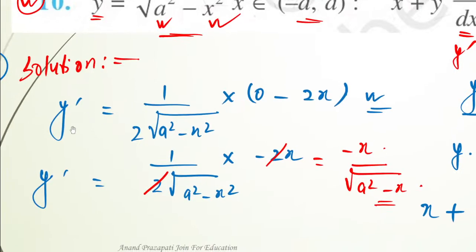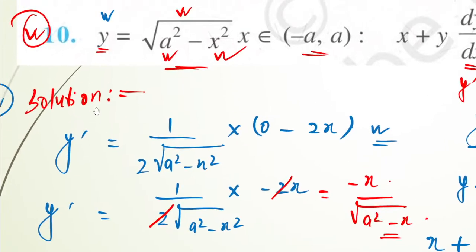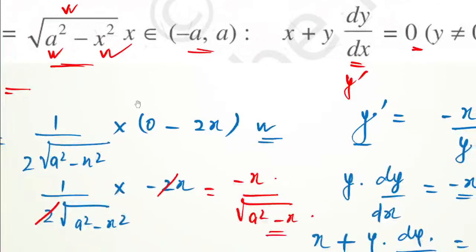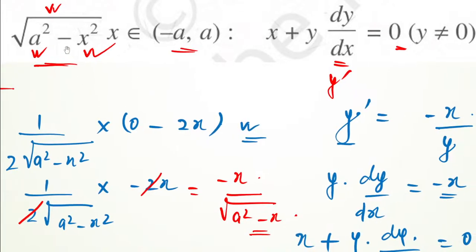The derivative of y will be y dash, equal to 1 by 2 square root of a square minus x square, and the derivative of a square minus x square: a square is a constant, therefore its derivative is 0, and the derivative of x square will be 2x, and here is the minus sign, therefore I put minus here.